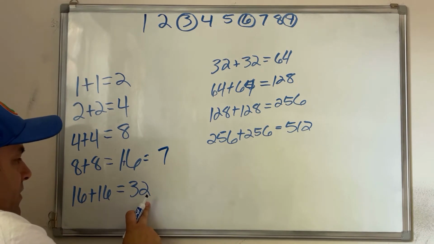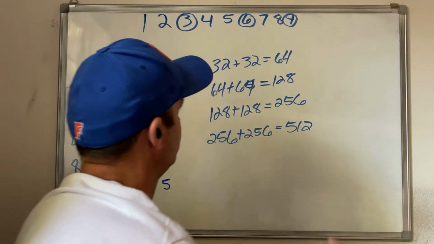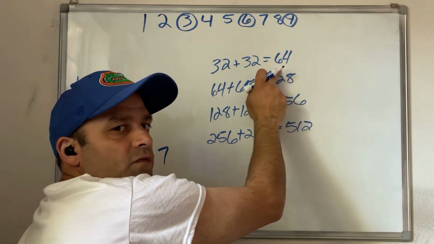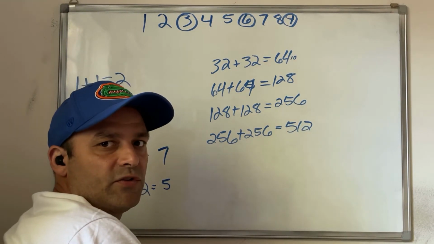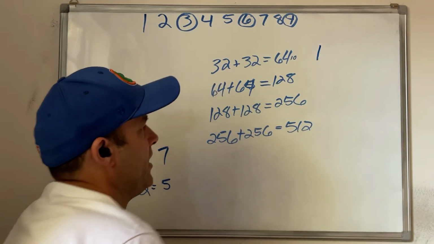32, 3 plus 2 is 5, okay? 64, 6 plus 4 is 10, right? But remember, we still have to reduce that. So 1 plus 0 is 1, okay?